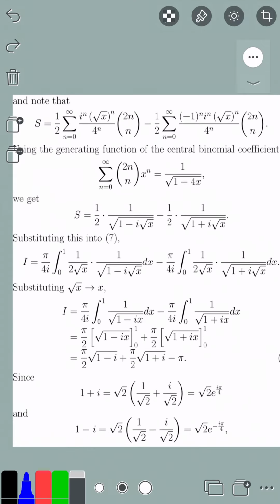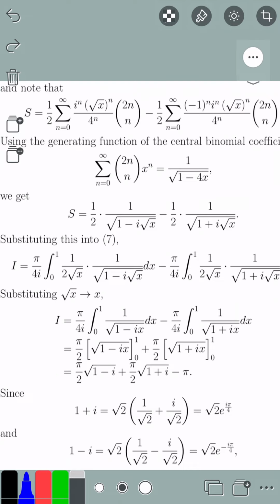So using this generating function of 2n choose n, we get s is equal to 1/2 times this series. You can see that this series is 2n choose n times, well, i times square root of x over 4, everything to the nth power.